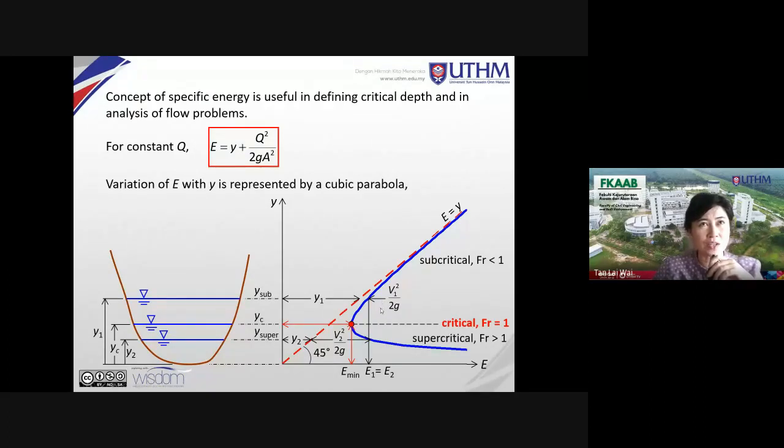Conjugate and sequent depths are typically used when it involves energy loss, for example, in hydraulic jump, but it has a similar meaning, where for one specific energy, you get two depths of flow in different states of flow. For conjugate, normally you'll use the Q-Y curve.